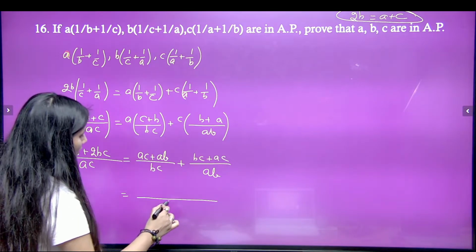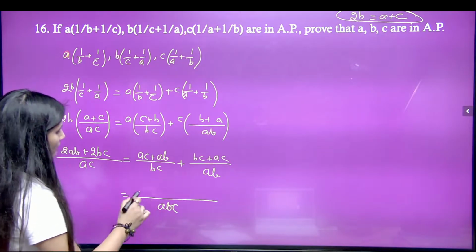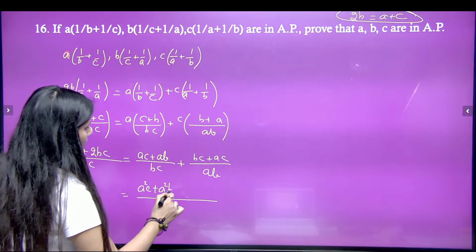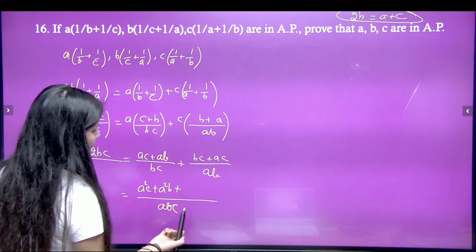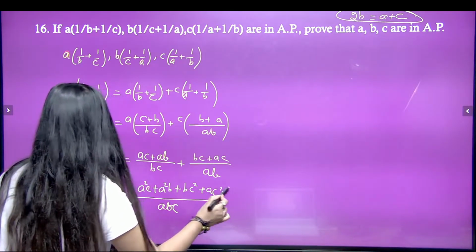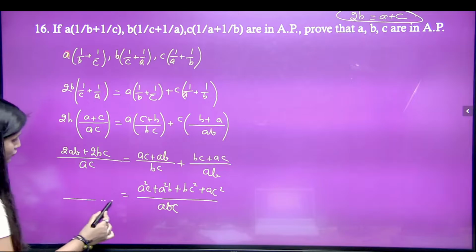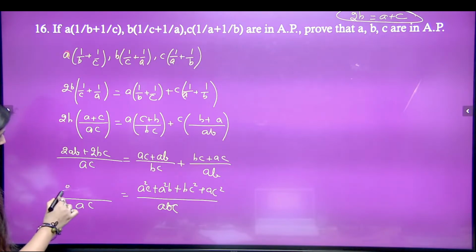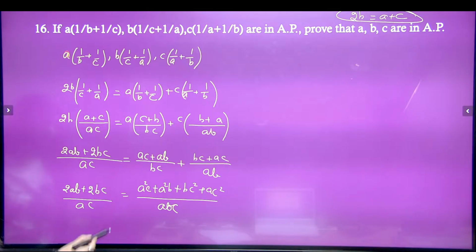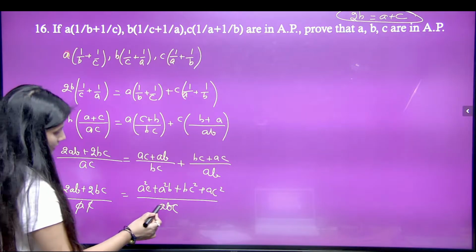So it is ABC. So we have A square C plus A square B plus BC square plus AC square. And here we have 2AB plus 2BC, AC.